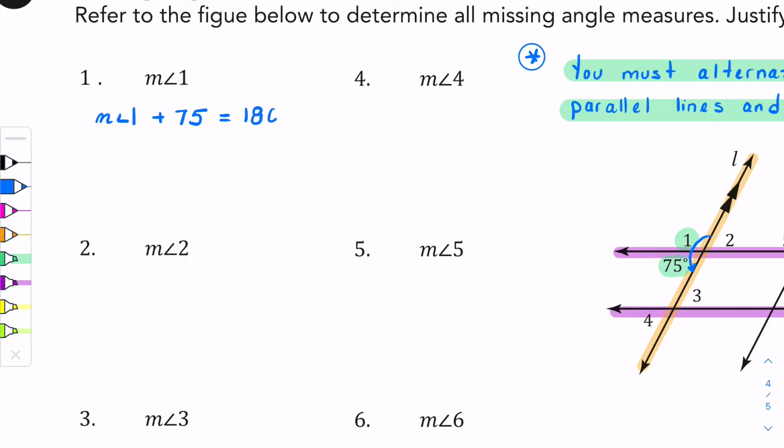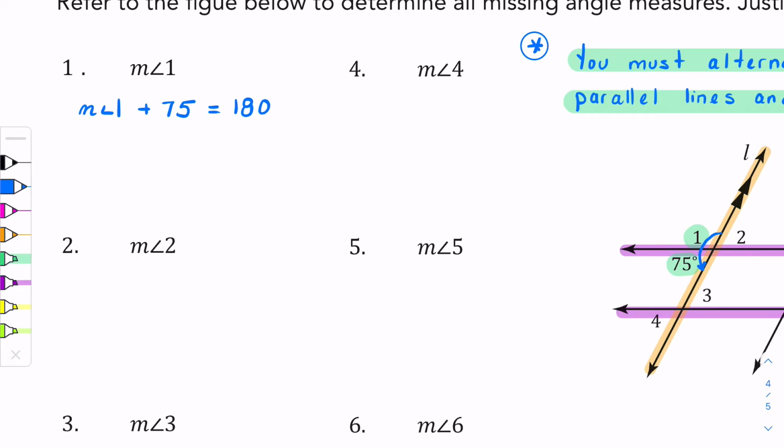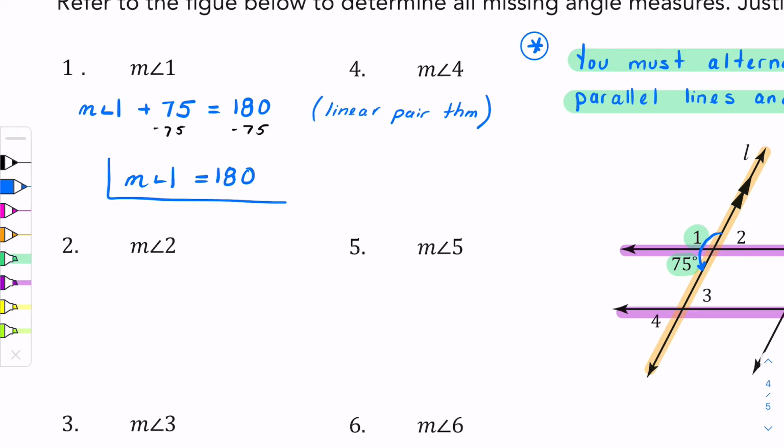I am asked to justify, so next to it I'm just going to say linear pair theorem. I need to solve for the measure of angle 1, so I'm going to subtract 75 from both sides. And this is going to indicate that the measure of angle 1 is equal to 180 degrees.